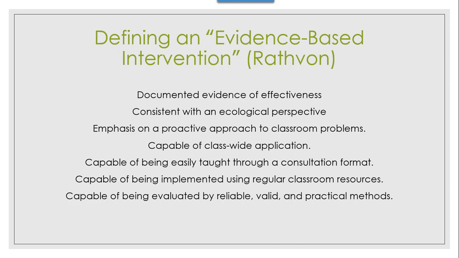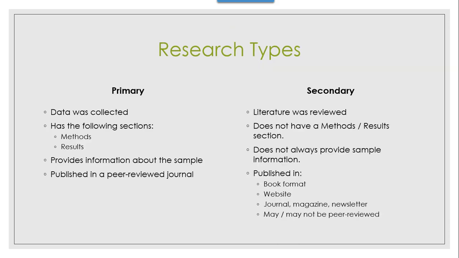You have to have a way to collect data to see if it improved. So for something to be evidence-based, you have to have a reliable, valid, and practical method to collect that evidence, right? This is not super different from the Sugai and Horner discussion about what you need, but we're going to go into more detail about these.